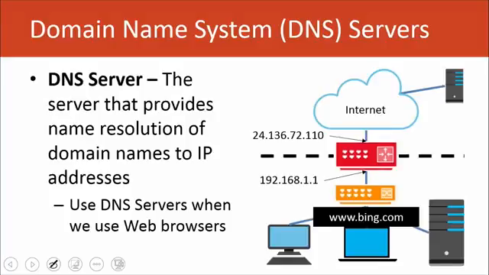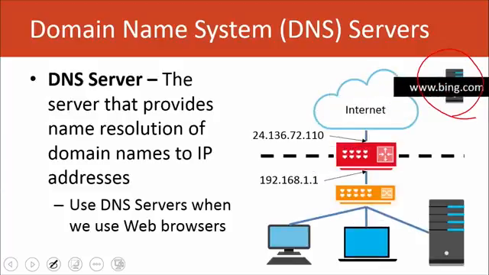But let's now pretend that that's not the Bing server, but it's actually a domain name system server, okay, a DNS server, right? And so what's going to happen is we're going to type in bing.com into our browser, and then that information is going to be relayed to the DNS server.